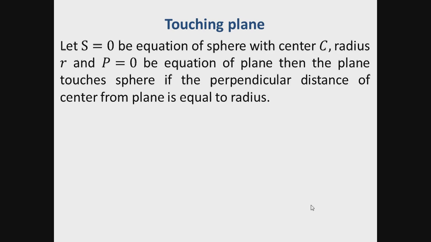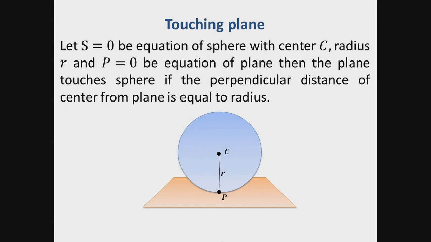Next is touching plane. If we have a sphere S and a plane P, then we say that the sphere touches the plane if the perpendicular distance of the center of the sphere is equal to the radius.